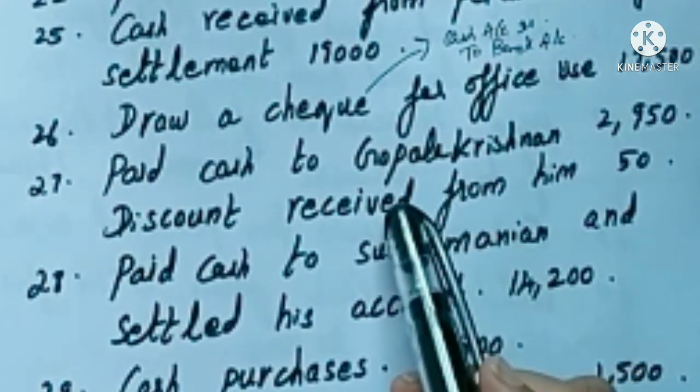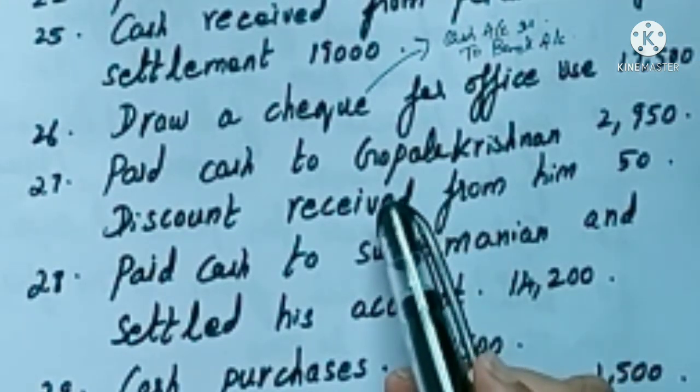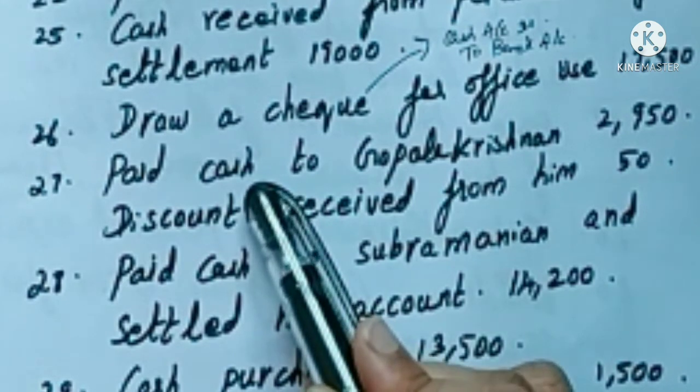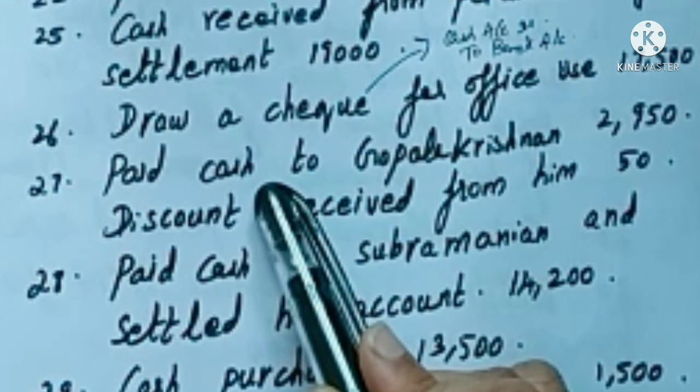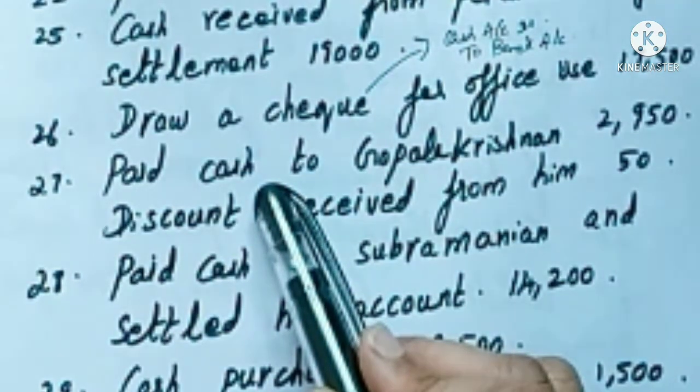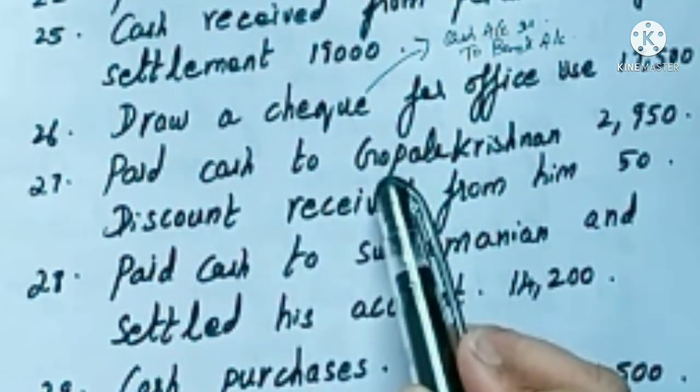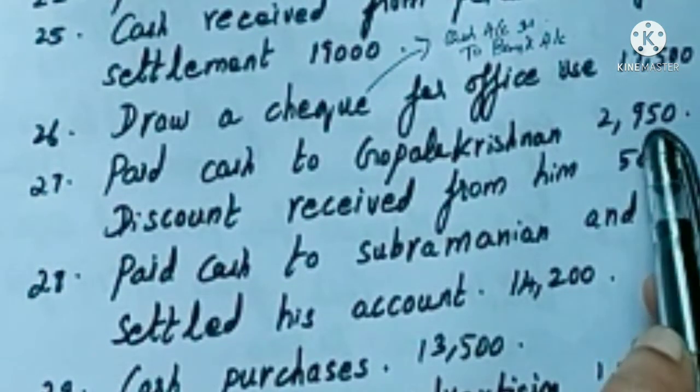But we should always focus on whether cash is debited or credited. In this transaction, when you pay cash, what is happening? Cash is going out. So we are going to credit cash account. Since cash is credited, I am going to write it on the credit side of cash book, by Gopalakrishnan, 2,950.